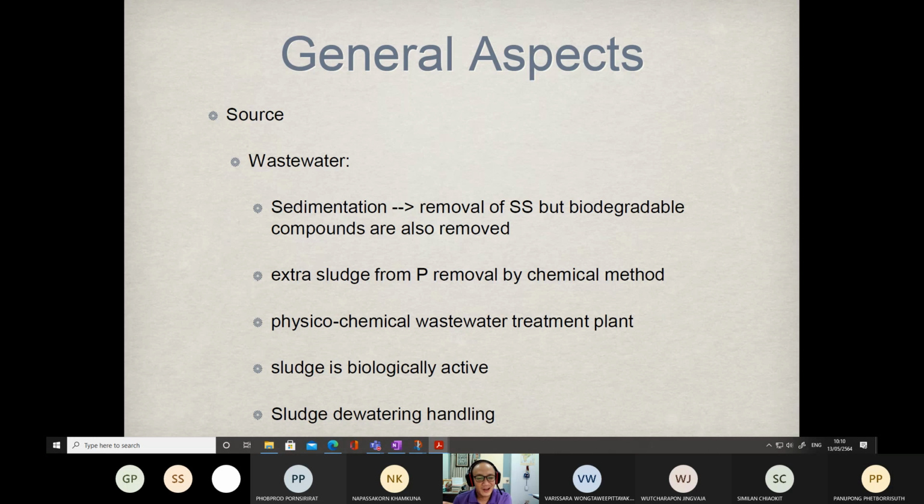According to these reactions, a lot of heavy metals can be precipitated and we can improve the quality of the treated water. They are basically physical-chemical processes. Still, they produce a lot of sludge.